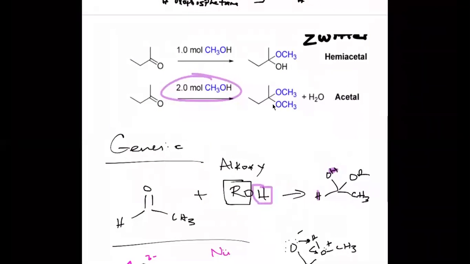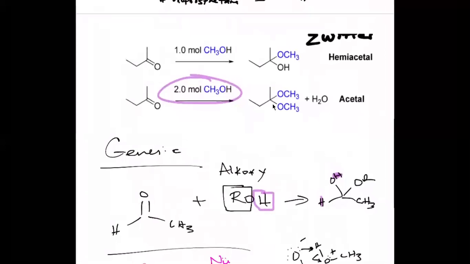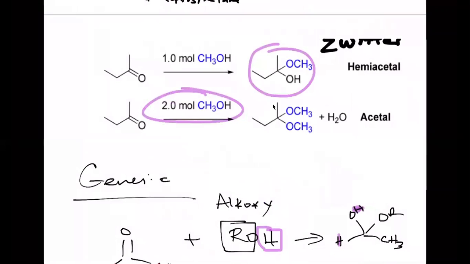So the hemiacetal, you only have 1 mole of alcohol, so you add 1 alkoxy moiety, and then in the acetal, since you started with 2 moles of alcohol, you can see now you have 2 alkoxys attached to that carbonyl carbon. All right, any questions about that?